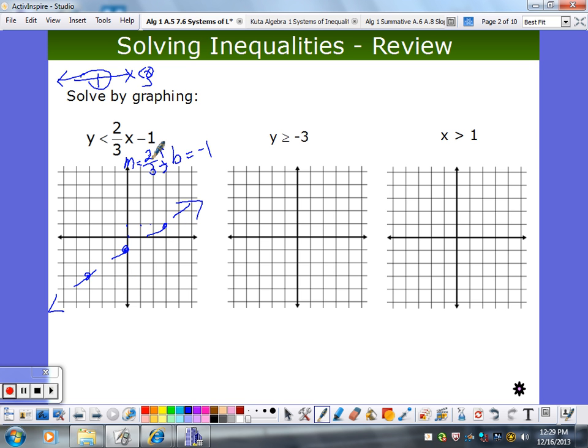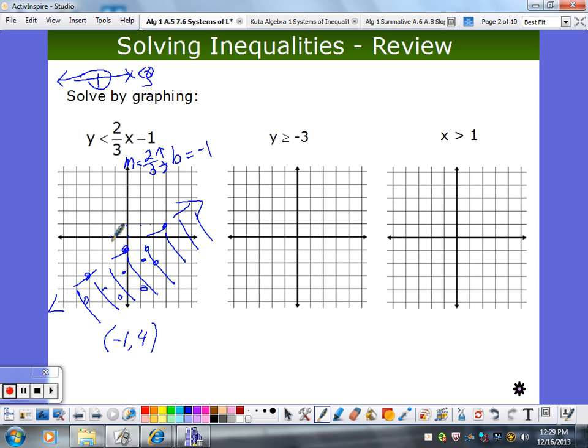Now y is less than this value, so let's see, above or below? Below. So what does that mean? It means that all the points on here will be solutions. So if I give you the point -1, 4, is it a solution to this inequality?